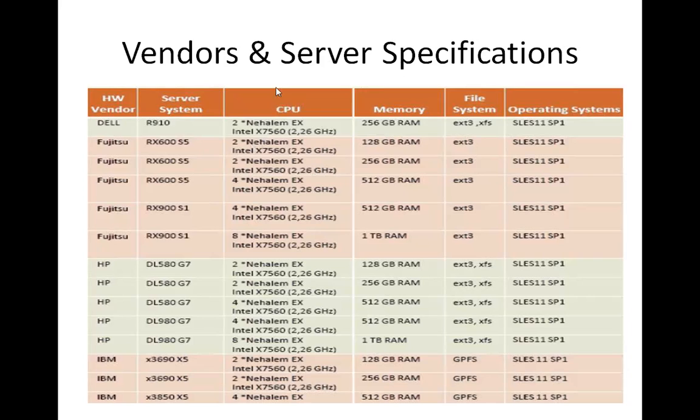Then after Nehalem, they also have the Westmere processors, which are the next generation to Nehalem. All right, and all of these servers run on the operating system SUSE Linux Enterprise 11 Service Pack 1. They do not have a Windows version yet. ECC on HANA is announced, but it is not a full-blown thing as of now.